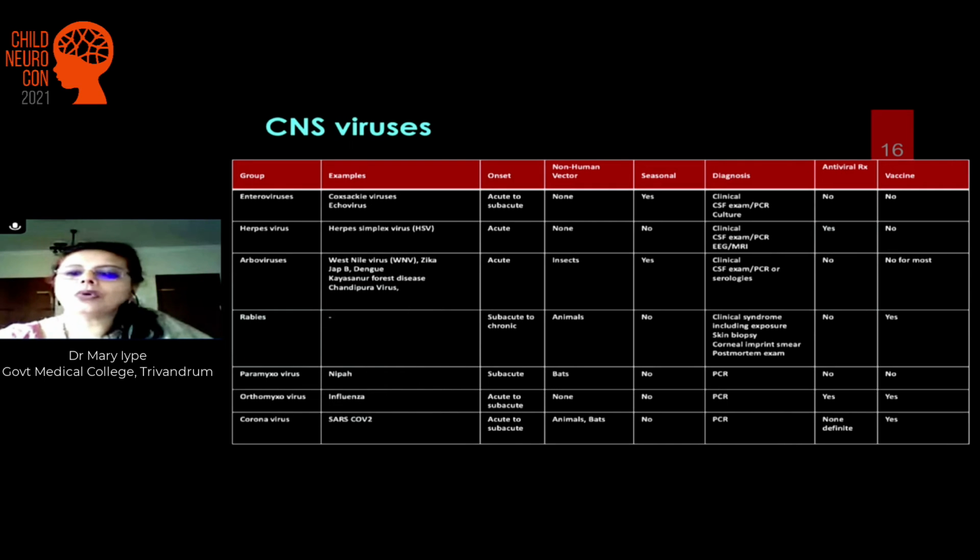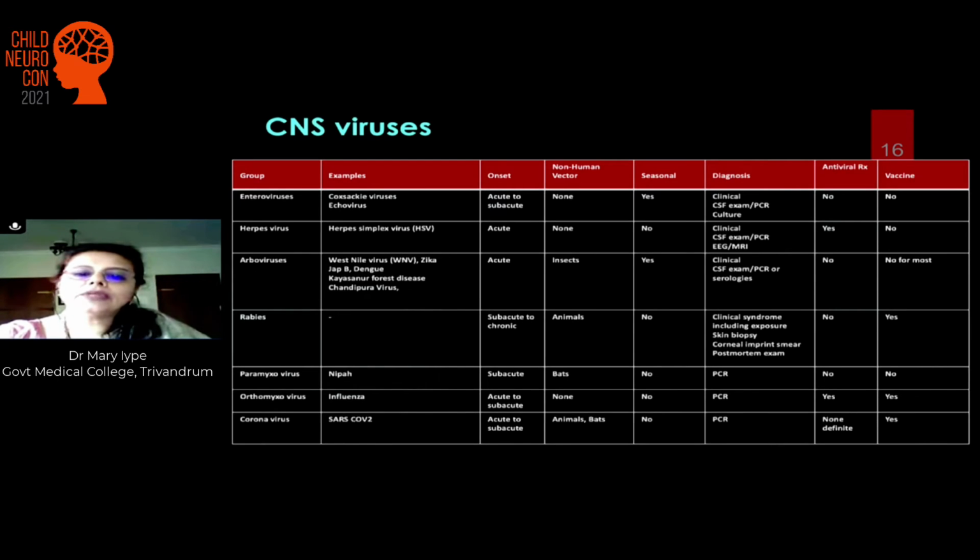It is of note that a vaccine is not available for any of these viral encephalitis except a few. As you know, we are now undergoing the coronavirus vaccination. So also, we have vaccination for Japanese B, and a dengue vaccine is on the way.